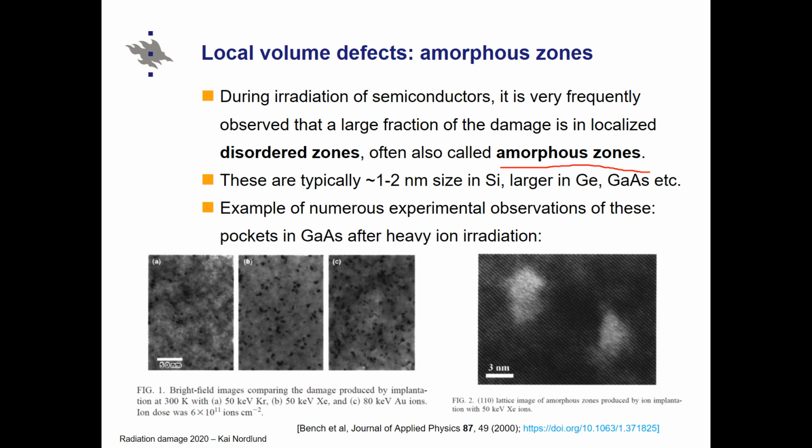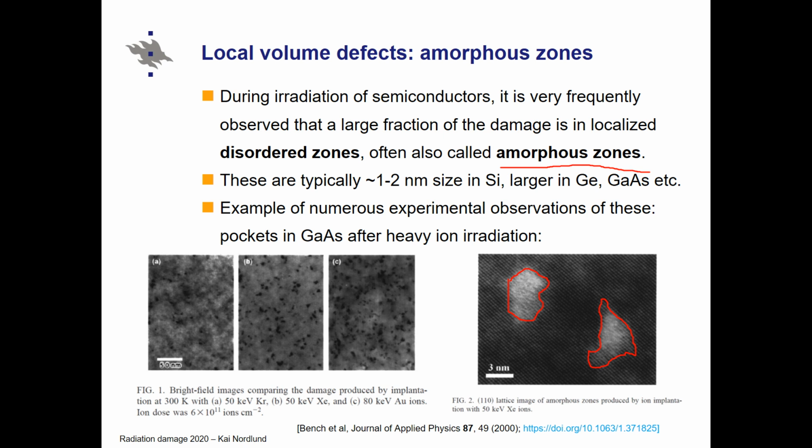is some disorder there. But then if one zooms in with high resolution electron microscopy, this is a 3 nanometer size scale here. These lines are individual atom planes, so you see individual atom planes. You clearly see that there are disordered zones. These white areas don't have the crystal structure and have a clearly different contrast in this TEM image.